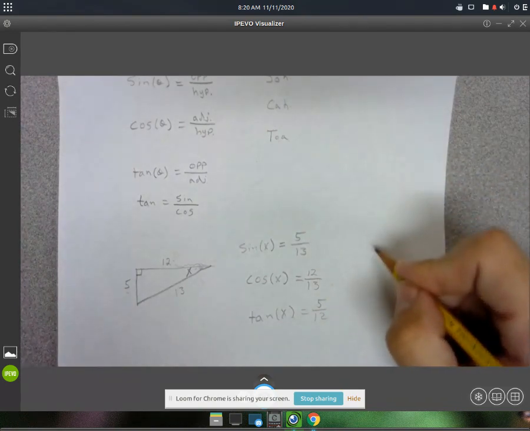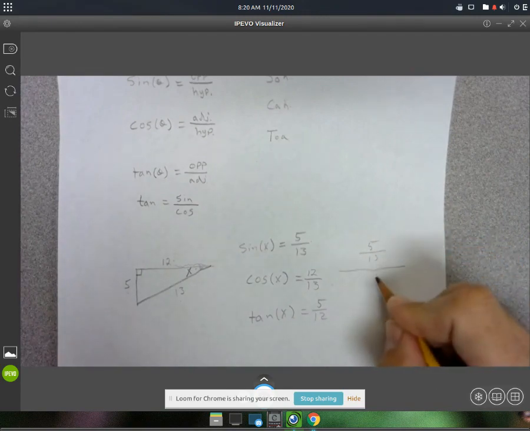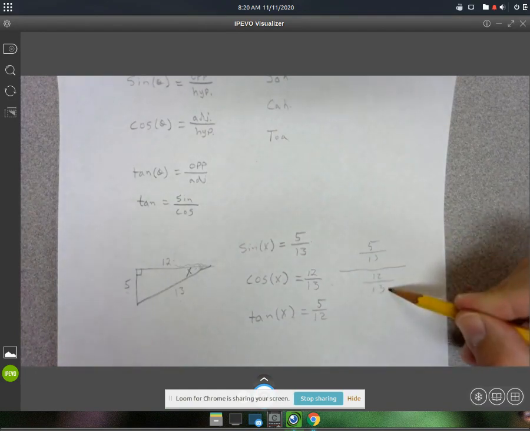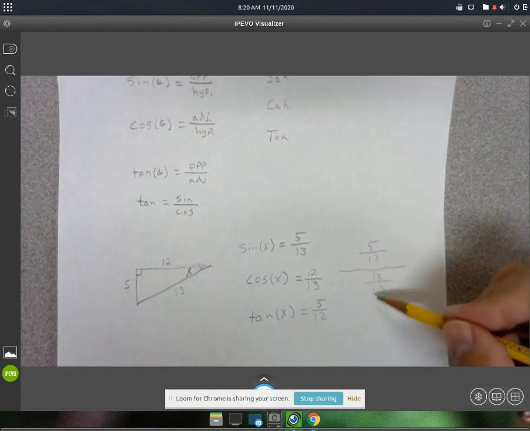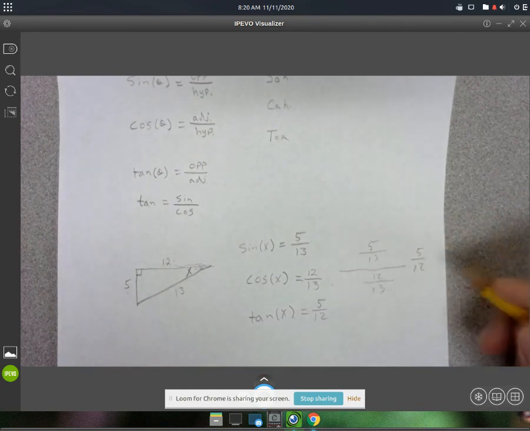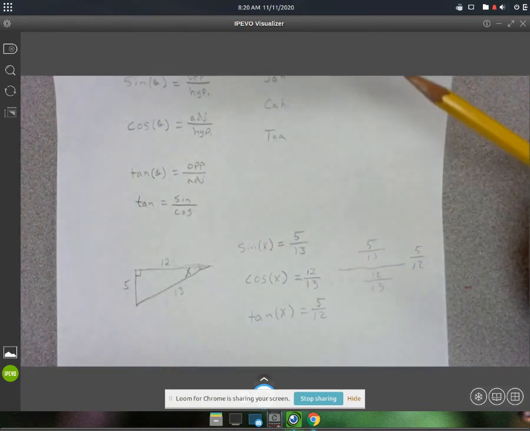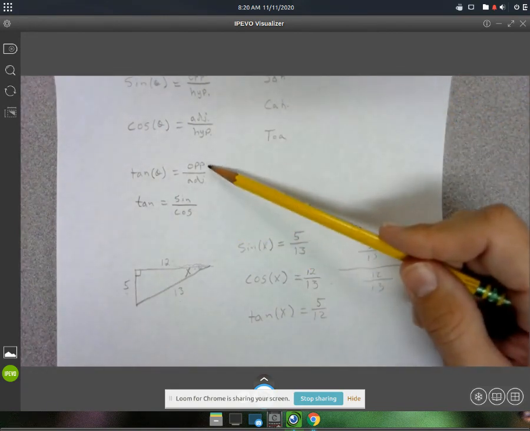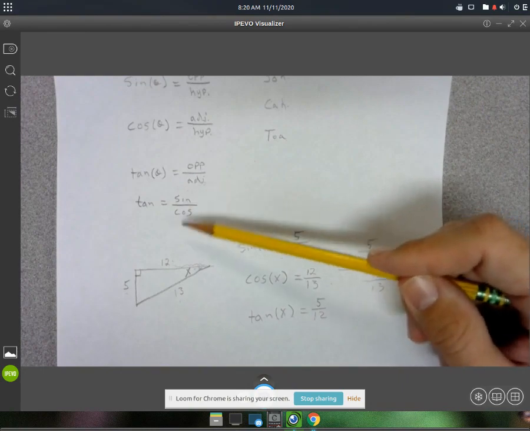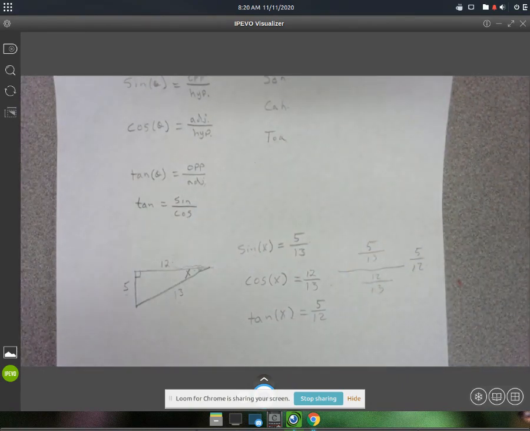If you stack 5 over 13 over 12 over 13, the 13s cancel, and you're left with 5 over 12 again. So instead of opposite over adjacent, you can think of it as sine over cosine. We'll do some more examples in a moment.